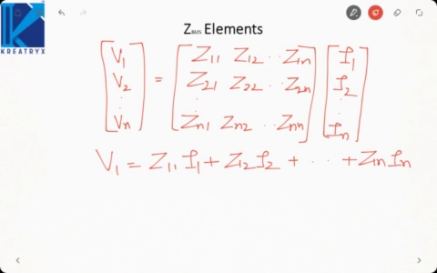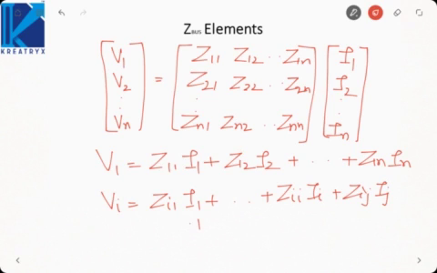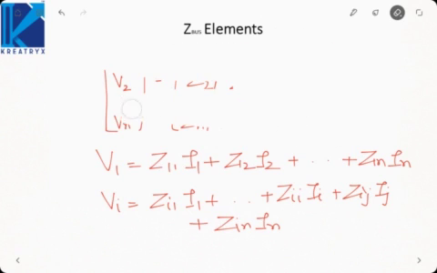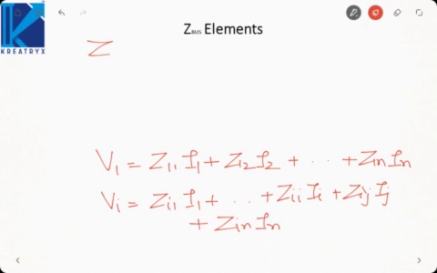That means if I write Vi, the general voltage, Zi1 I1 plus somewhere Zii Ii, Zij Ij plus Zin into In. Now again, if we wish to determine Zii, that is the diagonal element of the matrix, and Zij, that is the off diagonal element, how to determine Zii?